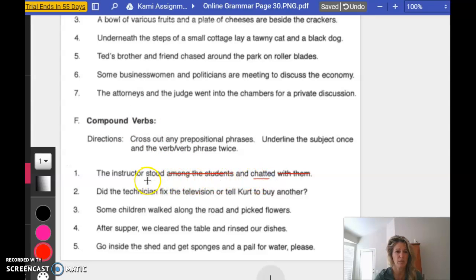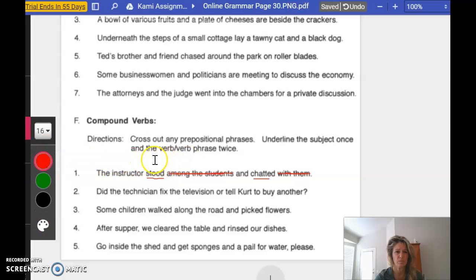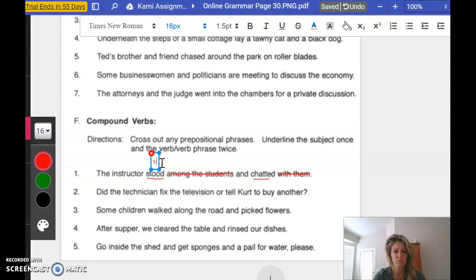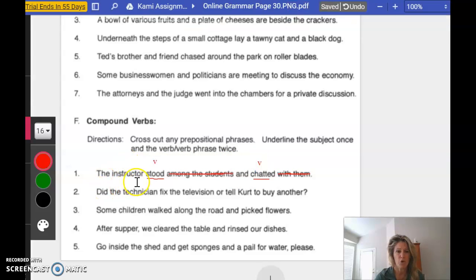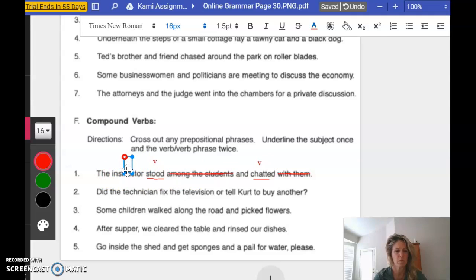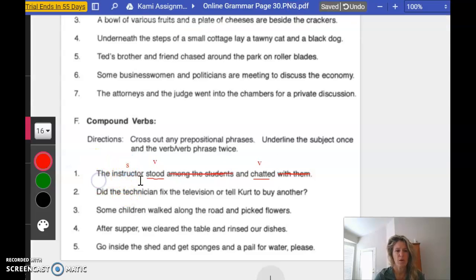So chatted, stood, using my text boxes again. Then who chatted and stood among the students with them, that would be instructor. So there's our subject. Okay, that's simple.